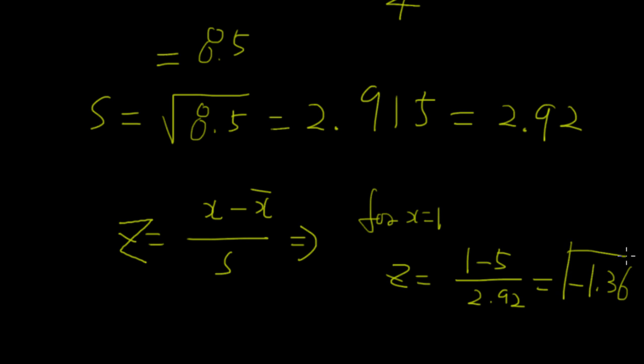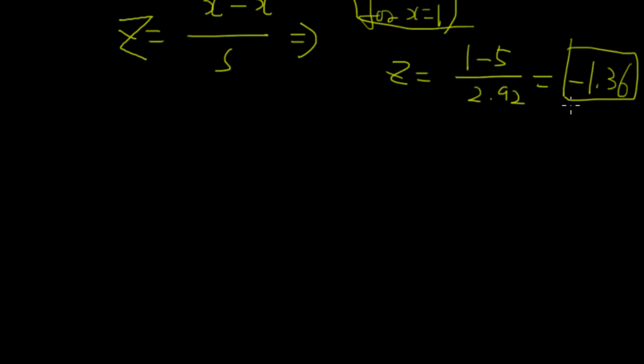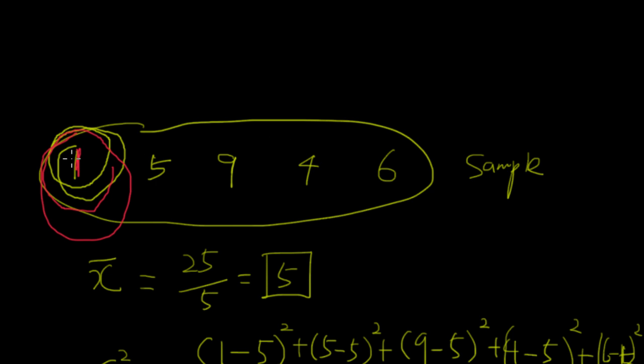Now we have this z-score of negative 1.36 for x equal 1. I'm talking about this data point right here, the value was 1, but what does 1 really mean in terms of the relative location? That 1 is actually, as we calculated, negative 1.36.